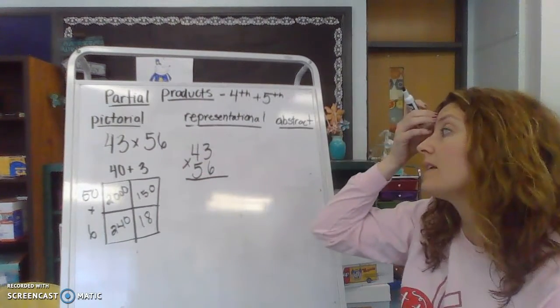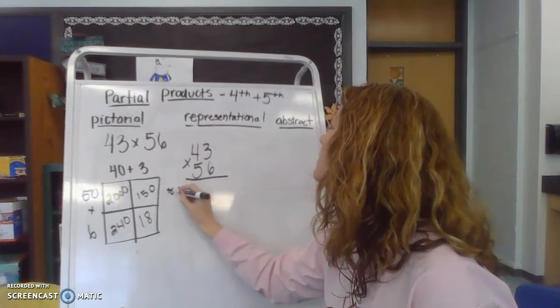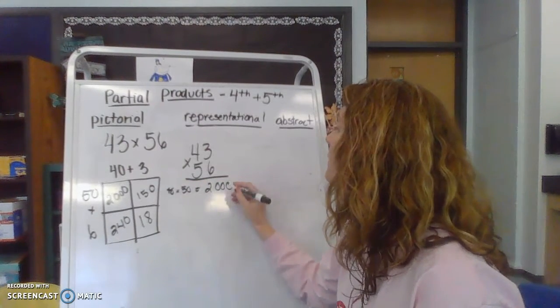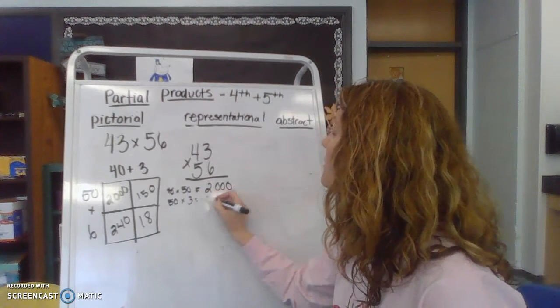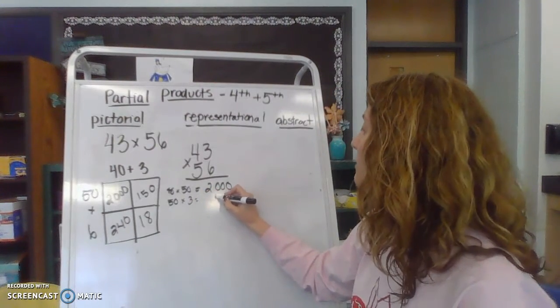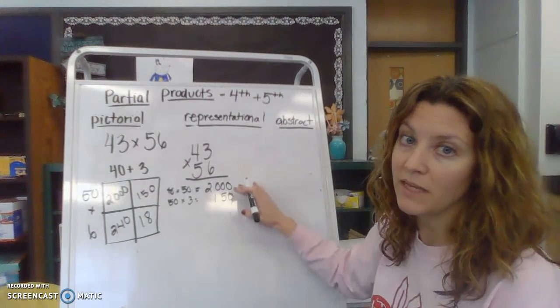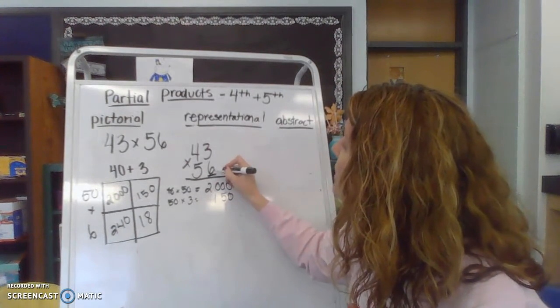Same process. Students would start by multiplying the tens together. So 40 times 50 to get 2,000. And then 50 times 3 to get 150. It's important that when students are doing this, they are lining up their numbers in the tens, the ones, the hundreds. And then they move to the tens, the ones place.